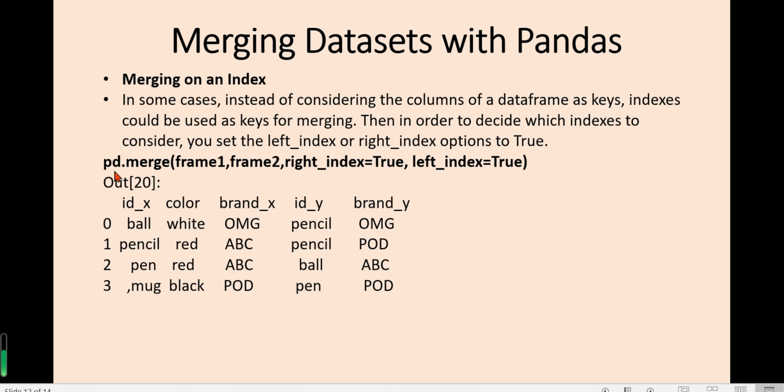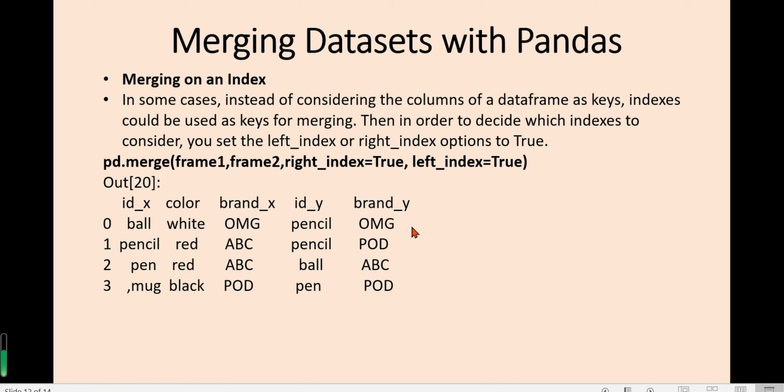So for example, if we write pd.merge frame 1, frame 2, right index true and left index true, then the merging will be based on the index of these 2 data frames. And because ID and brand appear in both data frames, the column variables will be set as IDX, IDY, brand X, and brand Y.